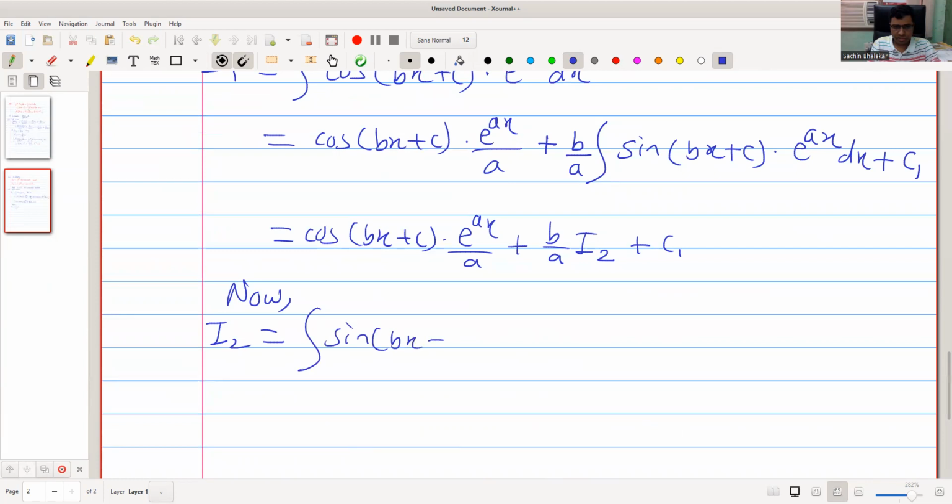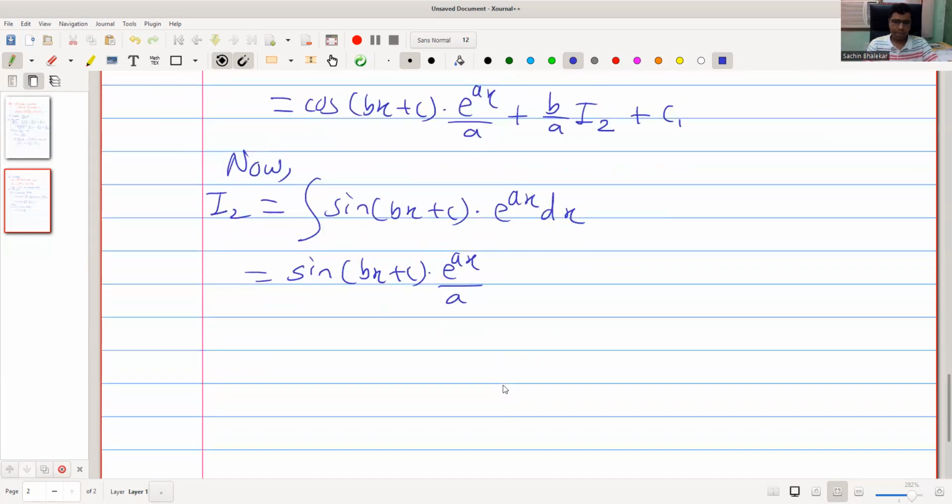Integral sine of bx plus c into e raised to ax dx equal to first function into integral of second function, so e raised to ax upon a, minus integral of the derivative of first function, it is cos bx plus c into the derivative of bx plus c, it is b, into integral of second function, it is e raised to ax upon a dx plus some constant. Okay.